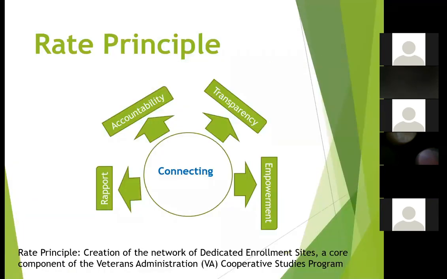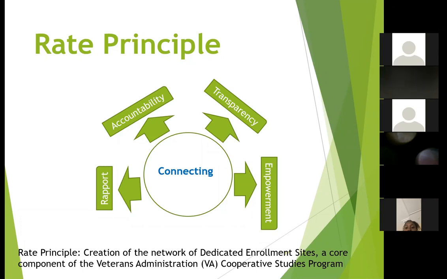So I spoke a little bit about communication and coordination between the study team as essential. This RATE principle is from a core of the Veterans Association, and I think it shows the need for members to connect as being essential. So team members need to develop a rapport with each other, and in turn this enables us to be accountable to others on the study team.